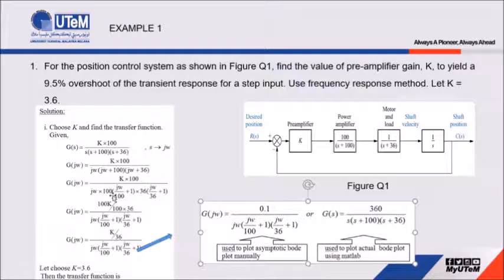After we rearrange the equation, we get the exact value, which is 100K divided by (100 times 36), or K divided by 36. Let's choose K equal to 3.6, as given by the question. Then the transfer function becomes 0.1 divided by j omega times (j omega divided by 100 plus 1) times (j omega divided by 36 plus 1).